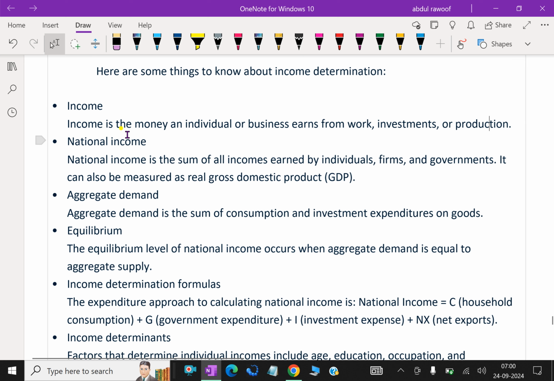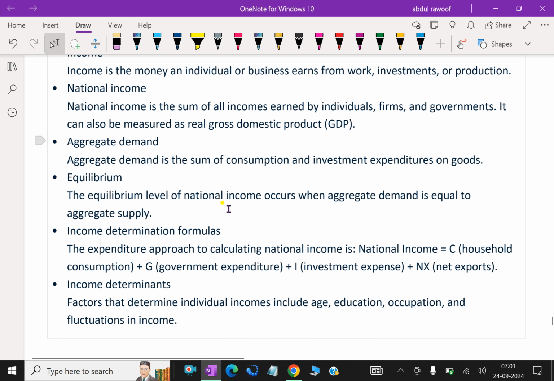Income is the money an individual or business earns from work, investments, or production. National income is the sum of all incomes earned by individuals, firms, and governments. It can also be measured as real gross domestic product, that is GDP. Next, aggregate demand.